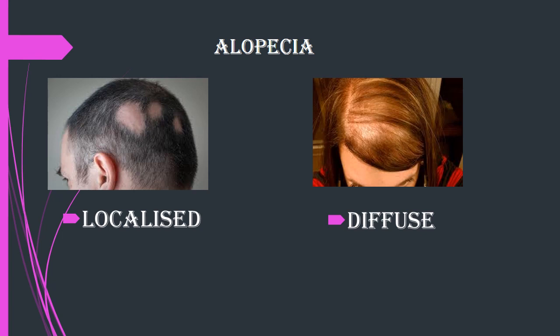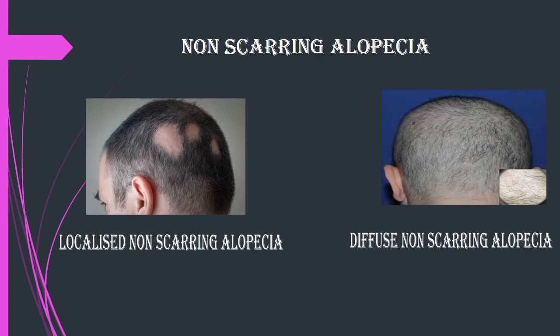Now we will discuss alopecia. It is a hair loss which may be localized or diffuse, scarring or non-scarring. In non-scarring alopecia, the hair shafts are gone but hair follicles are preserved.